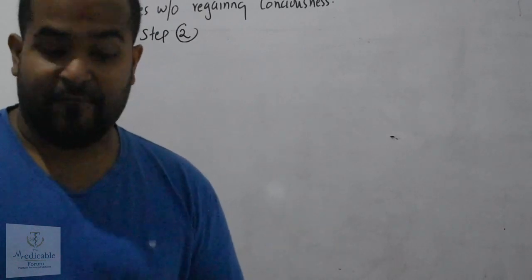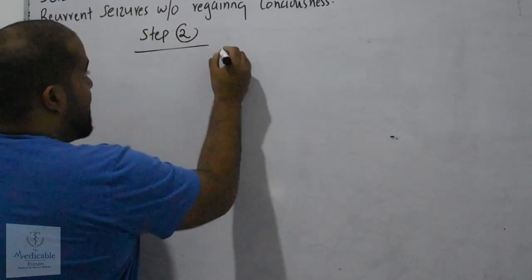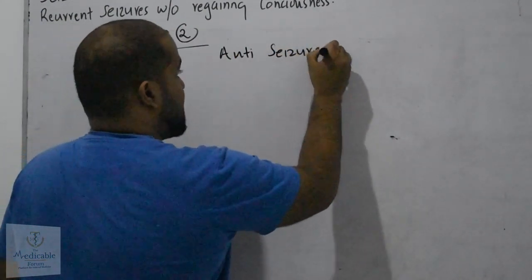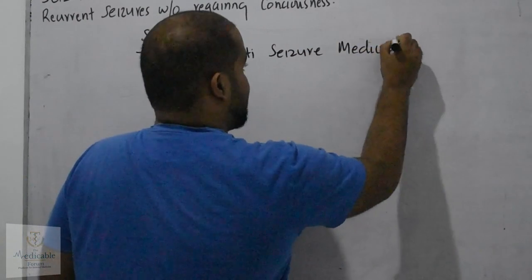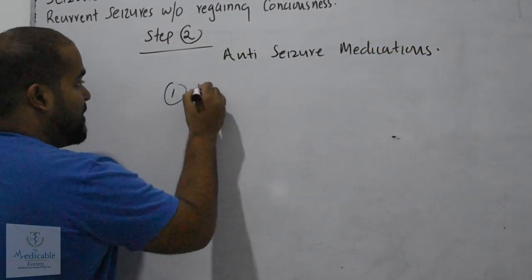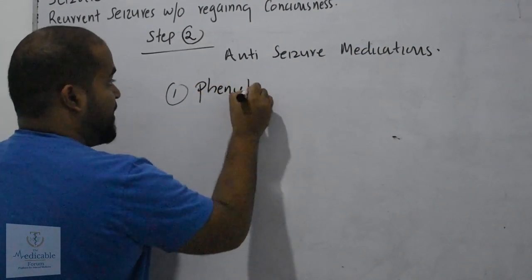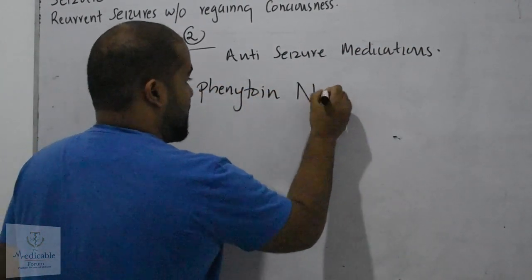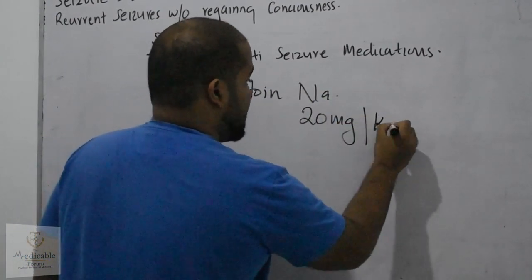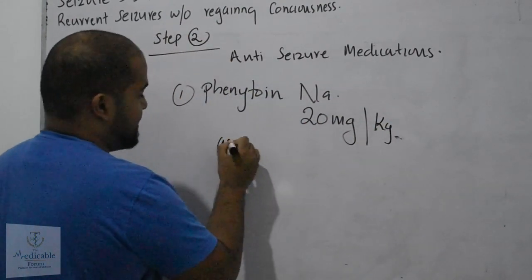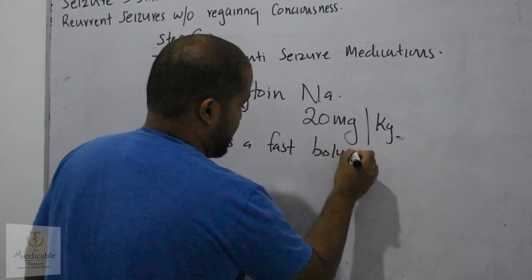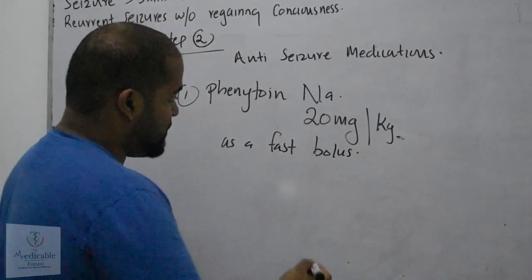As second line, we have to use anti-seizure medications. Out of that, we have phenytoin sodium 20 milligrams per kg as a fast infusion.